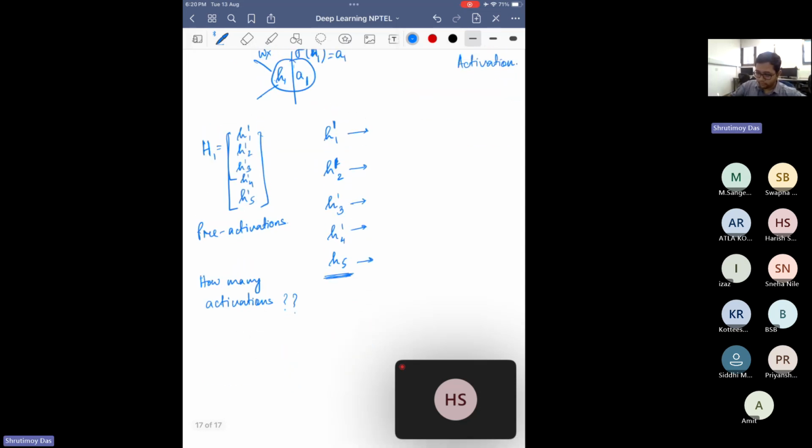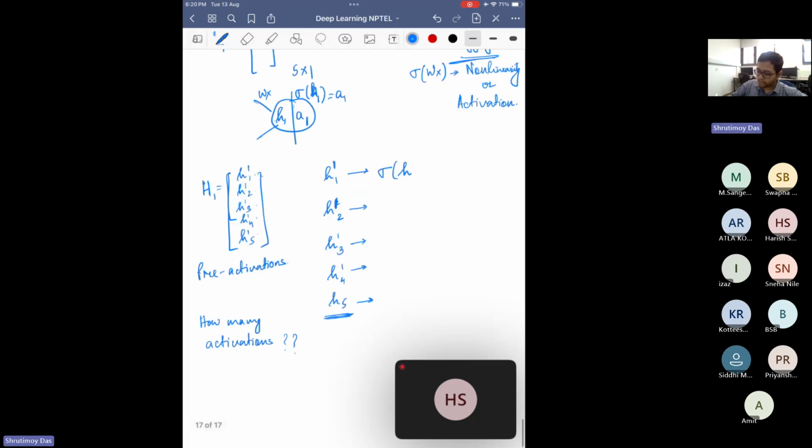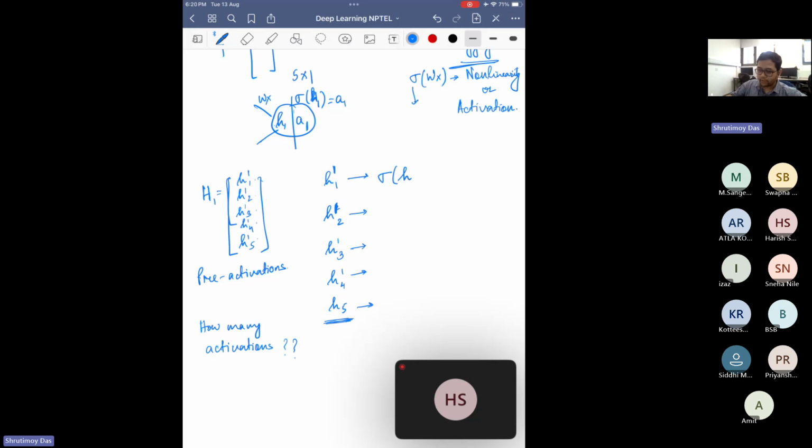That means we will have to apply the nonlinearity on each of these vectors. So for h1, we will have sigma of, where sigma is some nonlinearity activation. It can be anything. In the class, the professor talked about sigmoid or tanh, or there could be something called ReLU, which we cover in a later class.